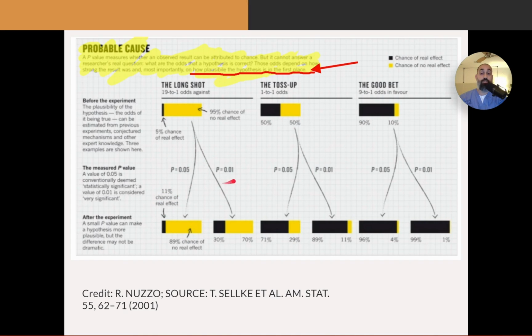With a p-value of 0.01, you end up with a 30% chance, but it's still wrong more than 50% of the time. If you start out at 50-50, then the study can be more informative. And if you start out with studying something that's already pretty certain, then a positive study only reinforces your certainty.